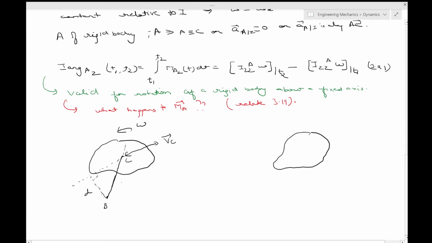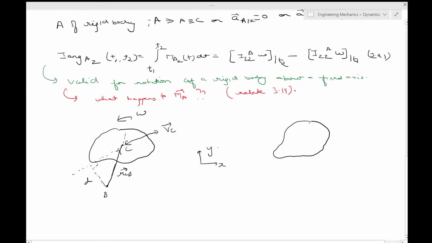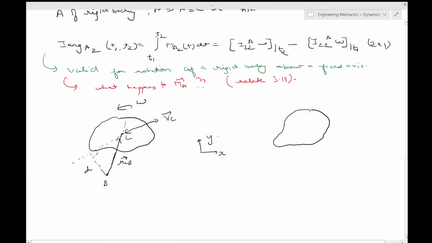This vector is r_CB. And clearly you have the x and y axis like this. So let's see. Consider the plane motion.